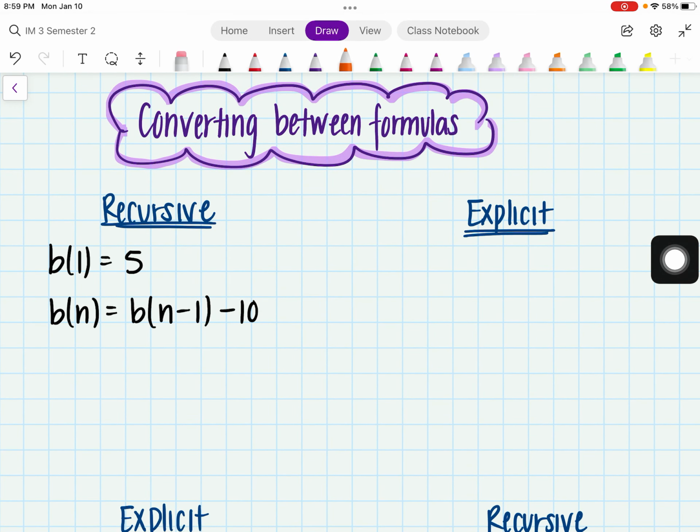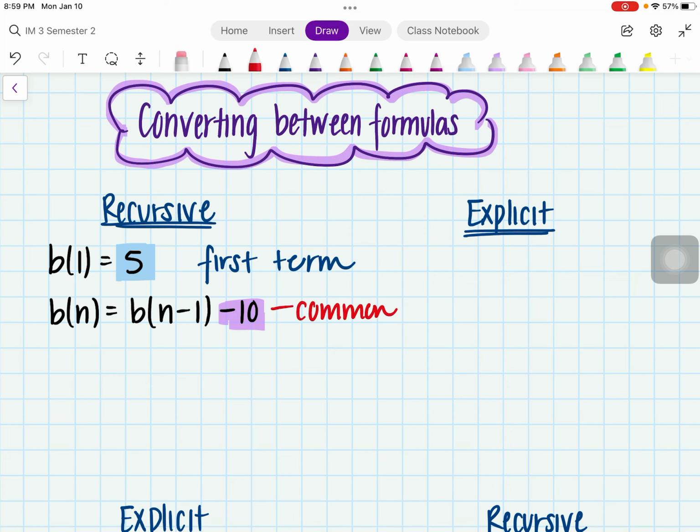So recursive in this case, guys, they're going to be giving you your first term and your common difference. This here, once again, represents our first term. And this right here represents the common difference.